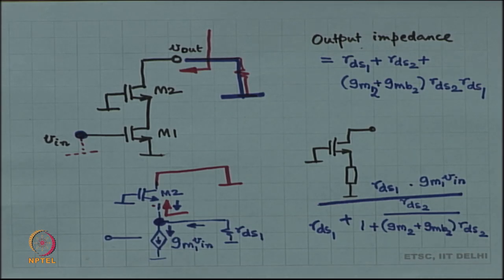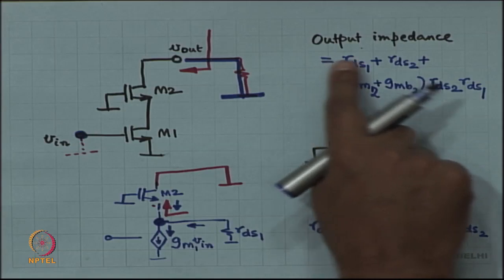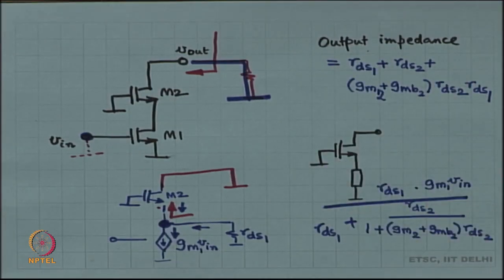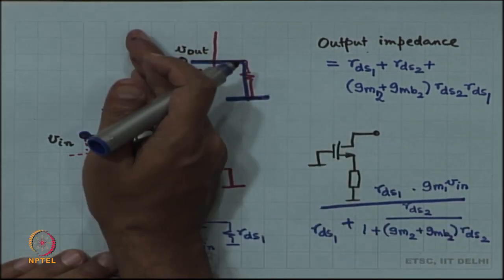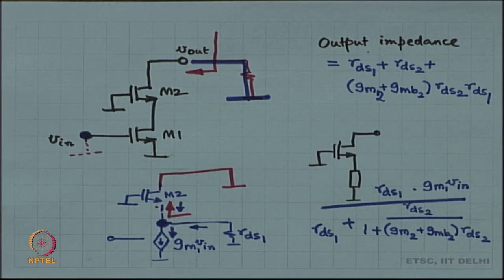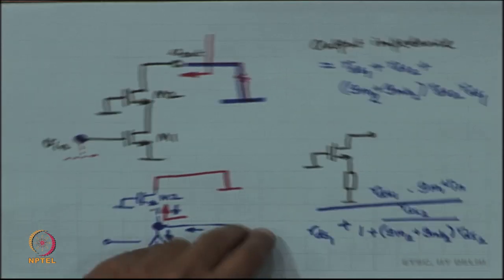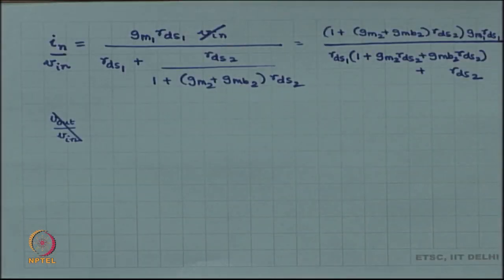Now, if you want to find out the gain, then the output impedance has to be modified a little bit by the load impedance, right. I mean you can bring the load impedance inside and then find the output impedance if you want to look at the voltage gain. Okay. So, let us just quickly do that.